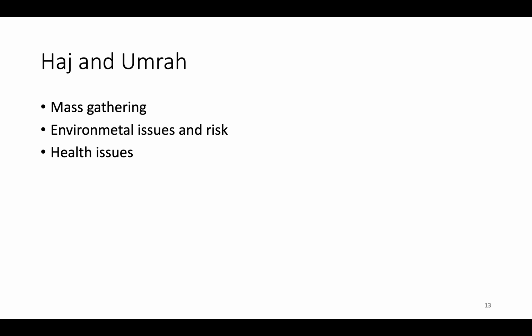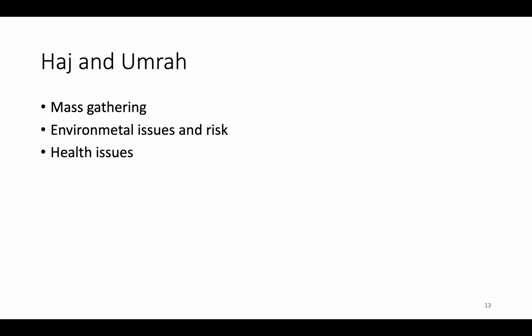We do have in our country Hajj and Umrah. It is a mass gathering. There are certain diseases that are prevalent in mass gathering. We have a lot of environmental issues and risk factors other than the obvious diseases.